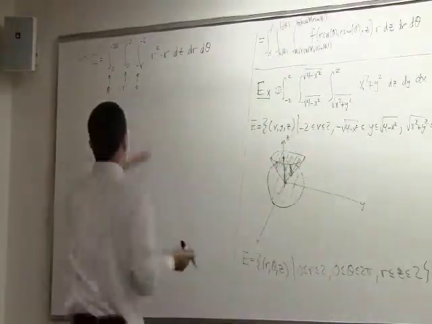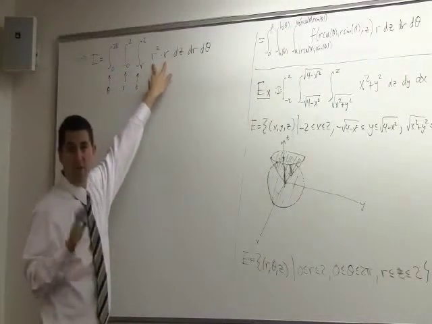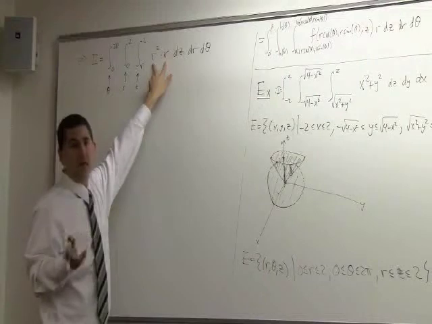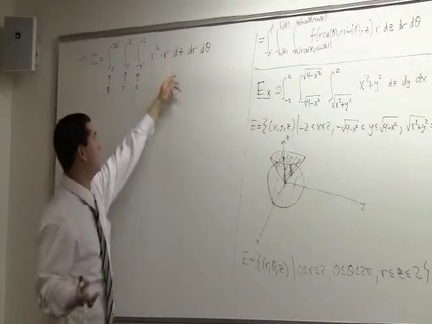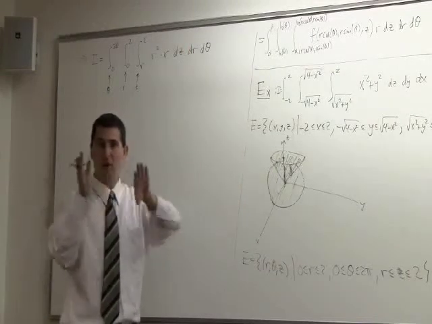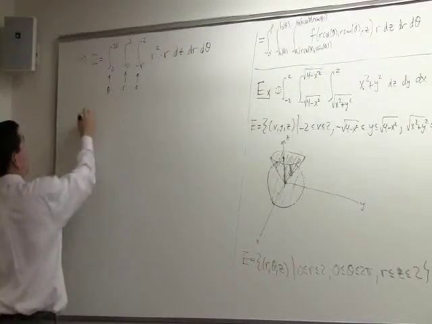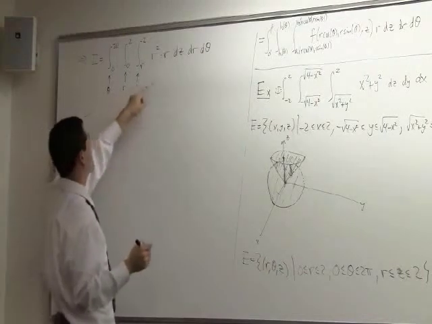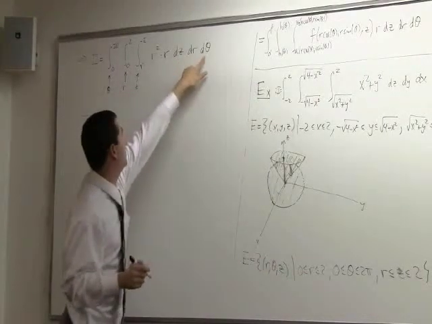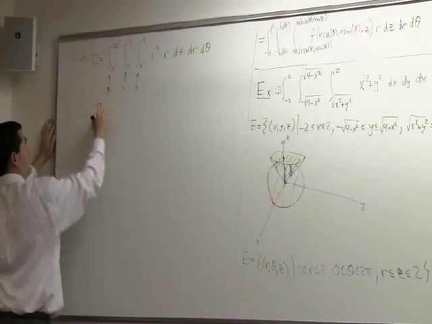So here, I have a function r cubed, which is a function just of r. And then I have a function 1, which is a function of z, and a function 1, which is a function of theta, all multiplied. So actually you can break this up into three separate integrals using our abbreviated rule. Let's do the theta one first. The theta becomes the integral from 0 to 2 pi of just d theta.